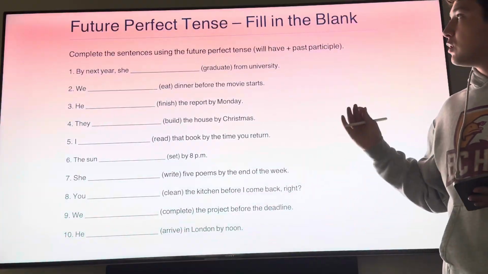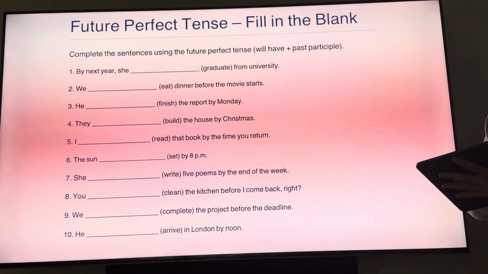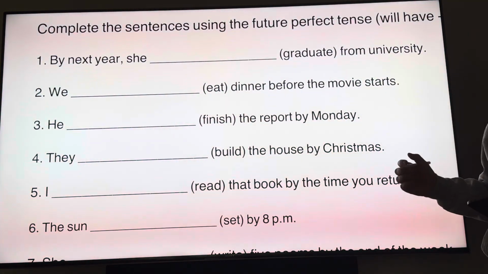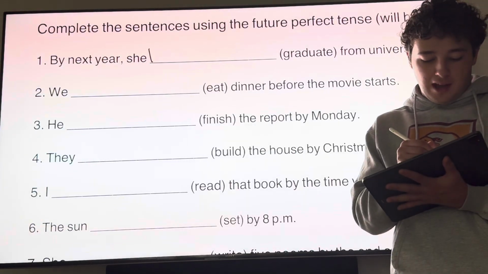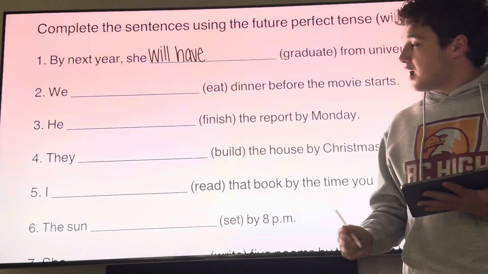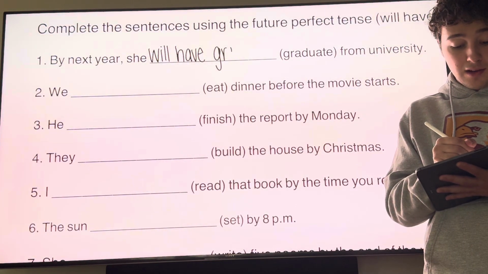So please go ahead, pause the video, fill this out, and then when you resume, we'll look through it again together. Okay, so let's have a look at the future perfect tense practice. So, the first one here, by next year, she, you always add will have. And then this one is just a regular verb and it would be graduated.